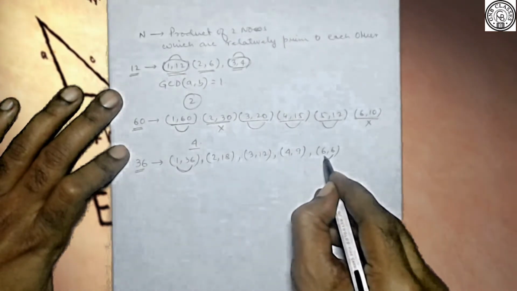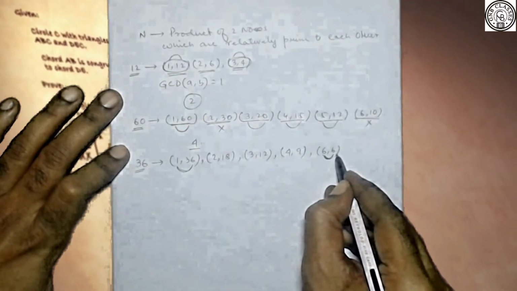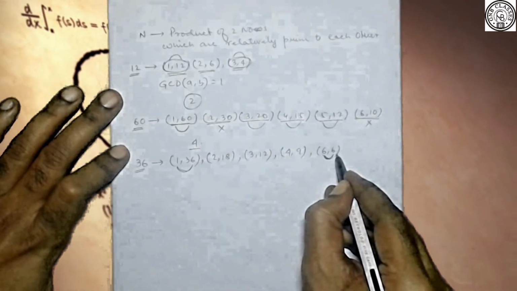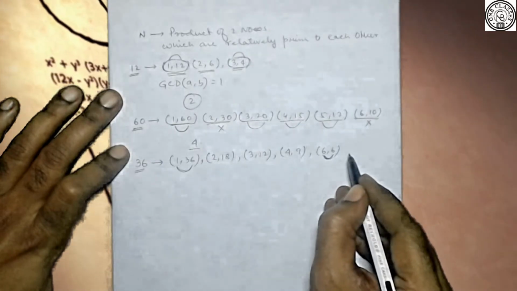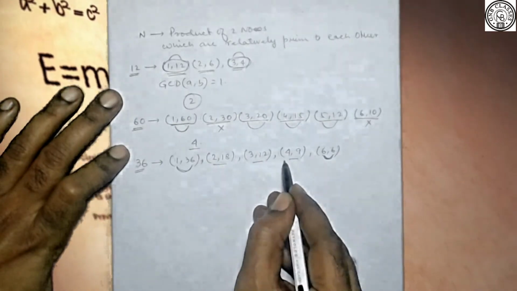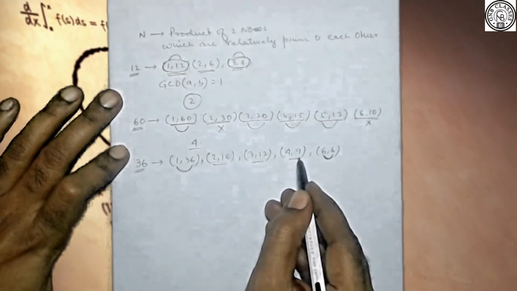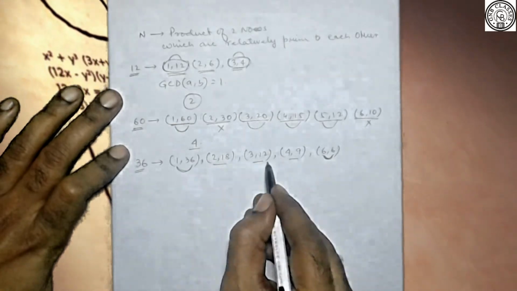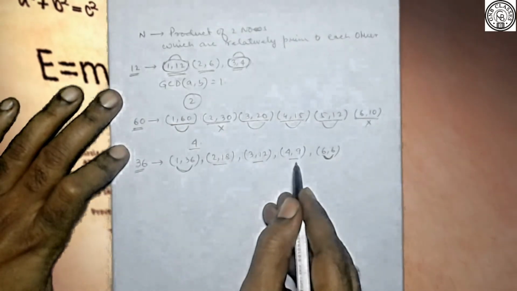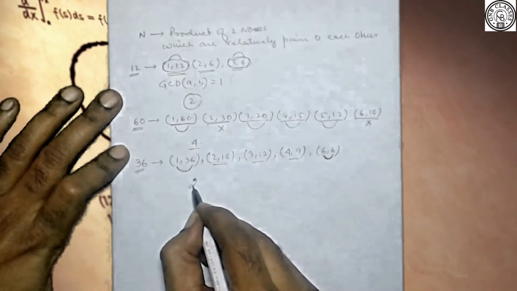It happens only in the case of a perfect square. Now 6, 6 are not relatively prime. So the only pair which is relatively prime other than 1, 36 is 4, 9. Neither 2, 18 nor 3, 12 are relatively prime to each other. Is it clear?